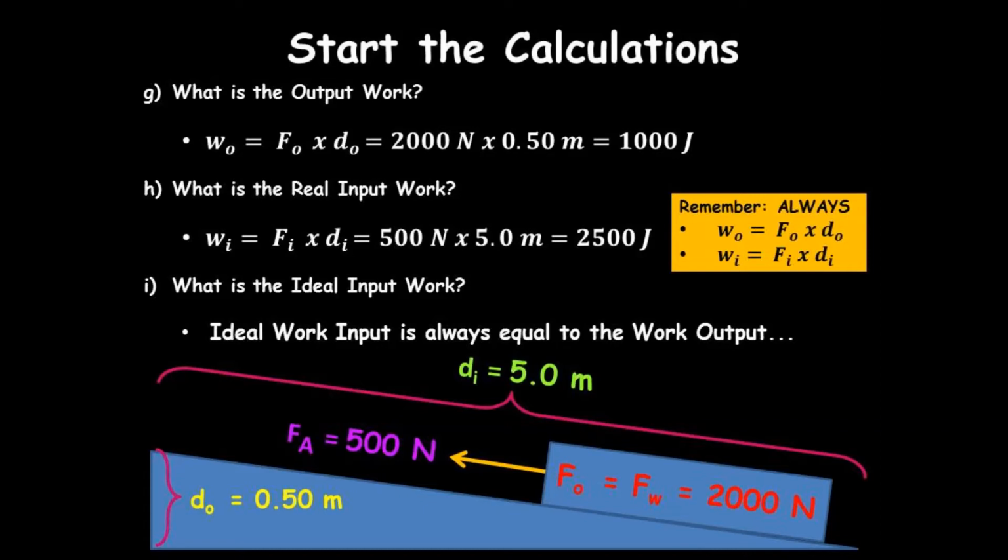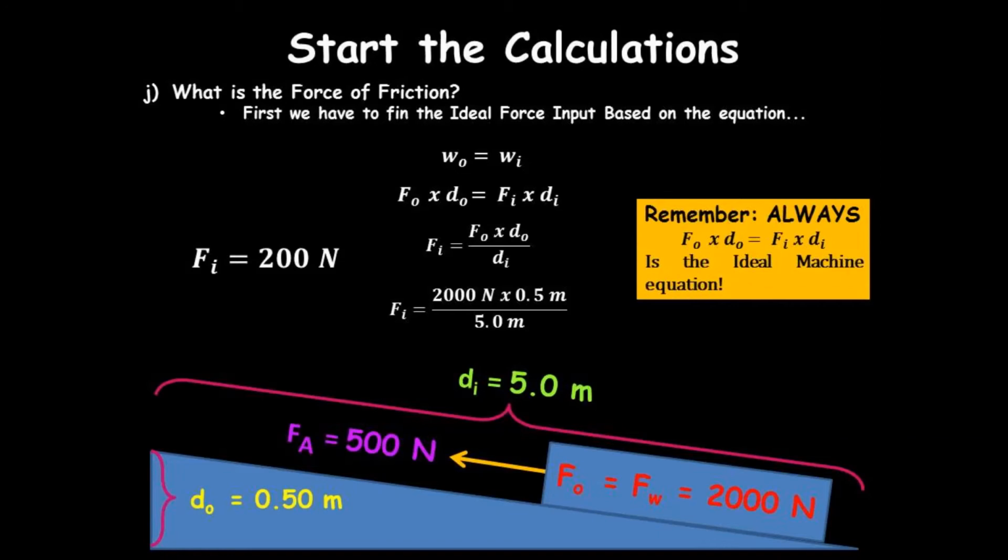So let's look at J, which is probably the most important calculation because that's what separates the ideal from the real machines. In order to calculate the frictional force, we have to calculate the ideal force first.